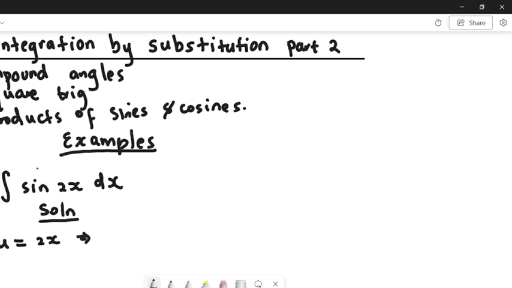That means du will be 2 dx, and then we're going to have dx to be du over 2.